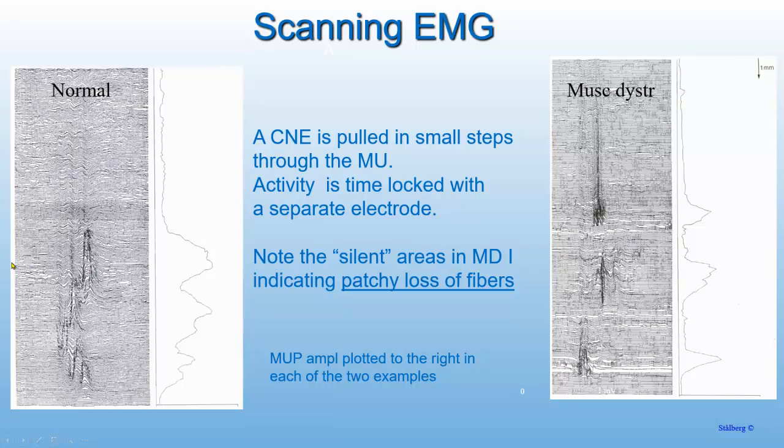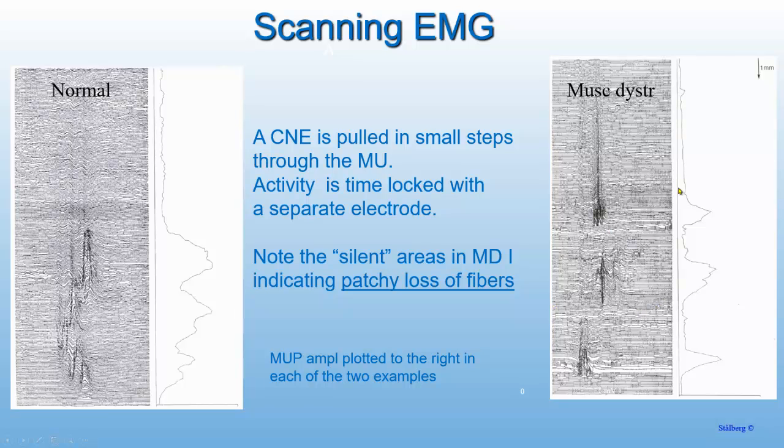If we happen to do an ordinary EMG, we go in either here, or here, or here, only one of the traces. This is a normal muscle. If we look at a muscle from a patient with muscular dystrophy, we see areas that have very polyphasic motor unit potentials here, other areas with short duration potentials, and, the most important, there are empty areas where we have no muscle fibers at all.